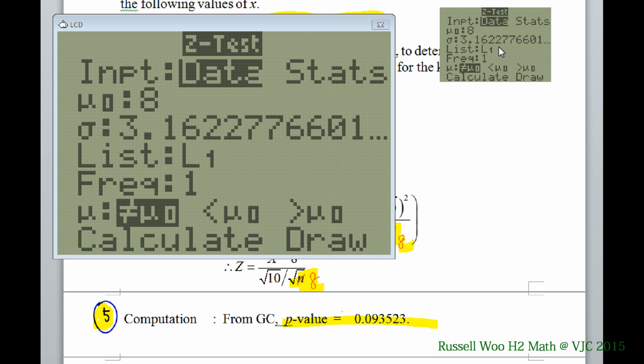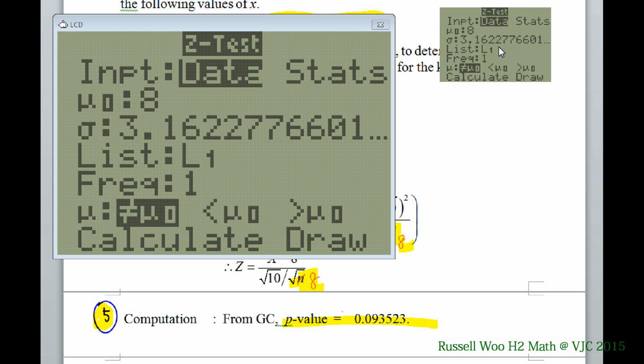One more time, you want to do a test whether the mean is 8 or not 8. This is your square root 10. This is your L1 when you have entered all the values. Actually, some of you think you have extra, I want to just calculate the data already. Agree, for this case, not that efficient.